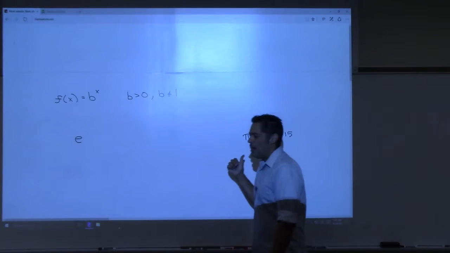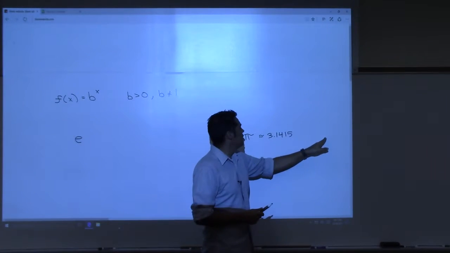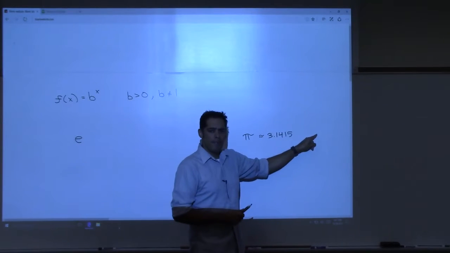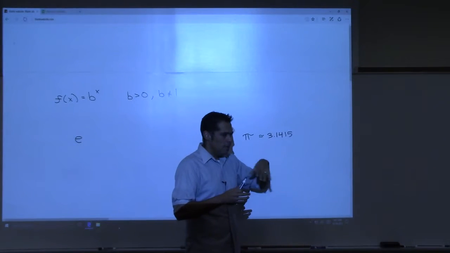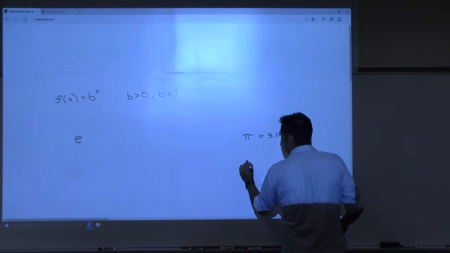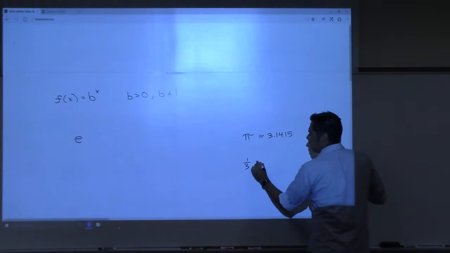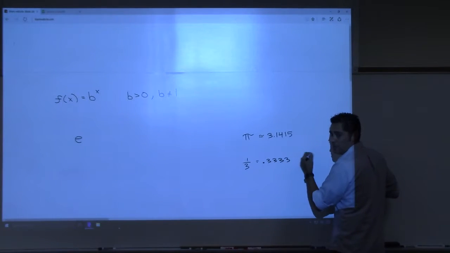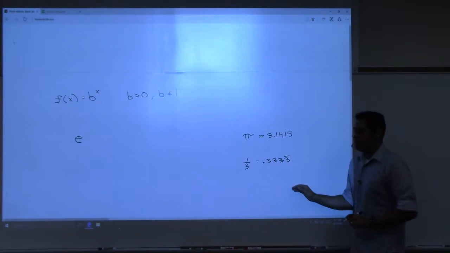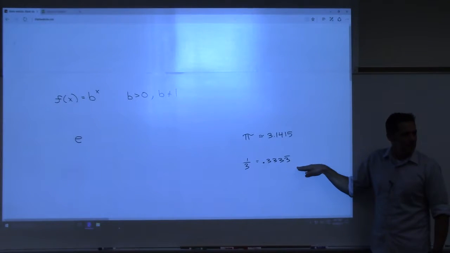And the thing about pi is that if you kept on going out, these numbers would always change. There's never a pattern to them. As opposed to a number like 1/3, that number is 0.3333 forever, just threes, just keep going. So this keeps going forever, but there's a pattern, right?